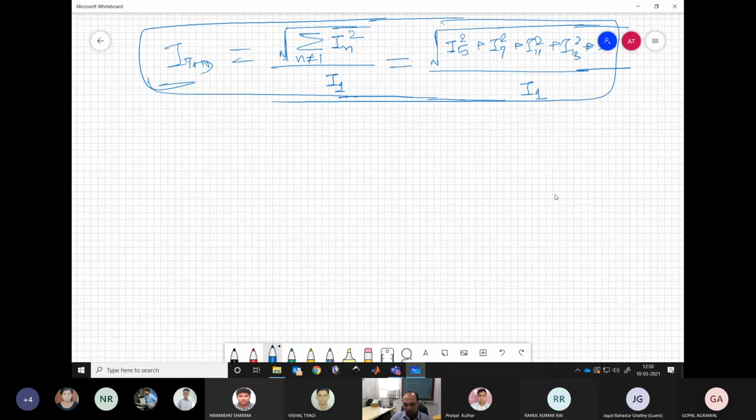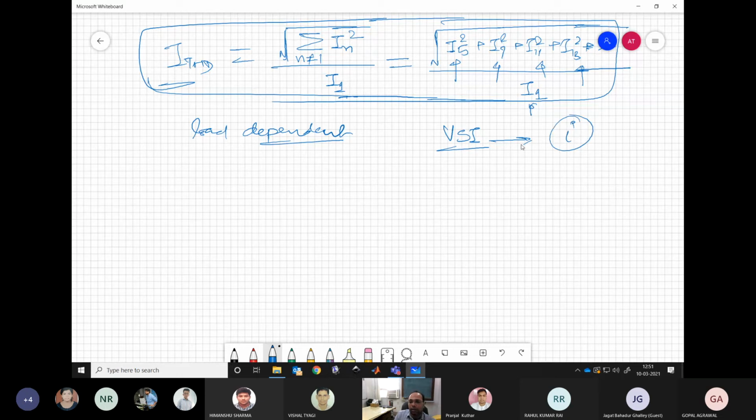This will define how our PWM technique is performing with respect to any other standard technique or the available methods. Now, the problem with this ITHD is that these components are load dependent. Of course, it is current. What you have is a voltage source inverter, and you are trying to compute current from that, which means there is dependency on load.